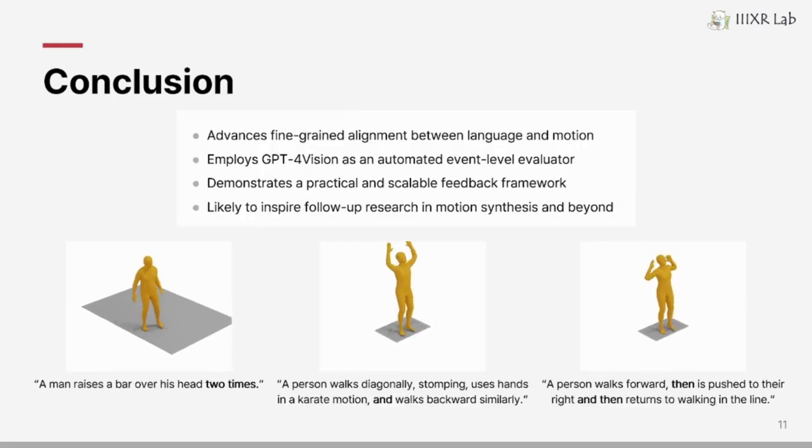In conclusion, Atom represents a meaningful step forward in aligning motion generation with language at a fine-grained, interpretable level. Its use of GPT-4Vision for automated event-level reward is both innovative and practical, and the proposed framework is likely to influence future research in this domain.